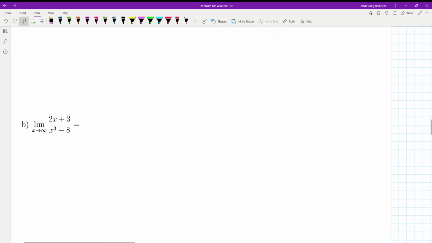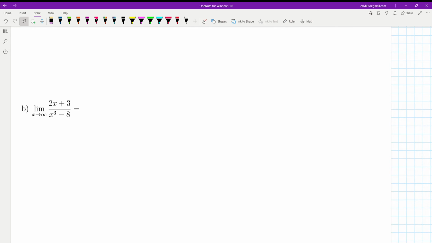Okay, what's the limit of 2x plus 3 over x cubed minus 8 as x approaches infinity? Maybe you are thinking of factoring that difference of cubes in the denominator, but in this case we are not going to be able to cancel anything. So let's divide every single term by the highest power of x, which in this case is x cubed, x to the third power.